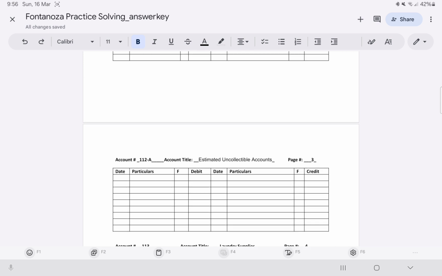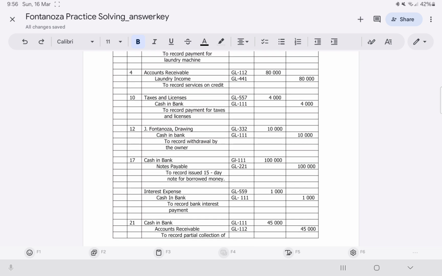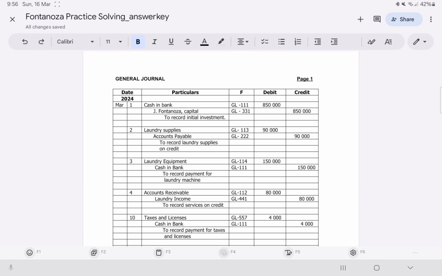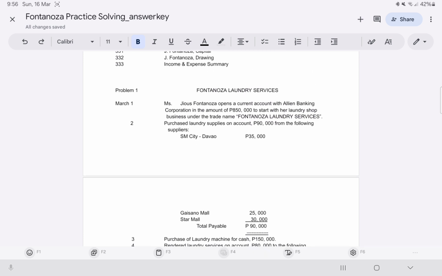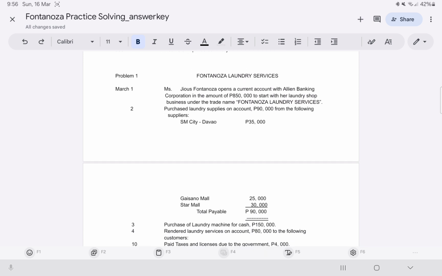Starting in the journal, the transaction, rather, what's the trade name of Fontanoza? Fontanoza Laundry Services.